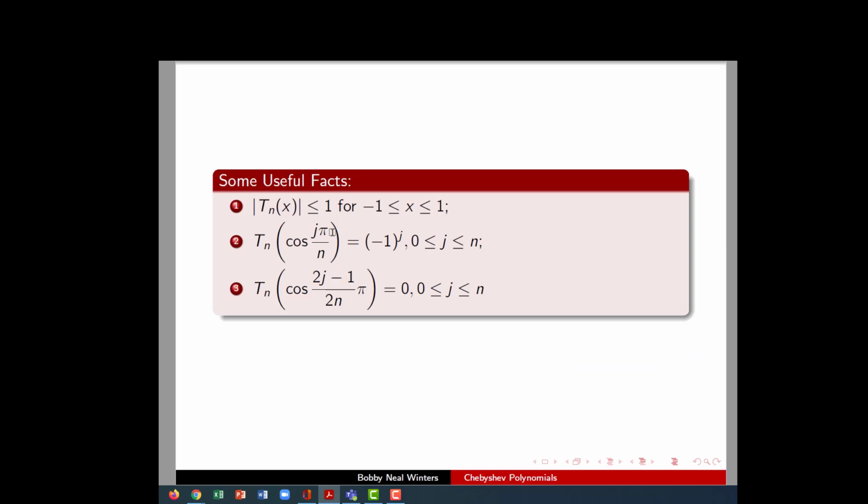So some useful facts that you can pick off from that formula: since between x equals -1 and 1, the Chebychev polynomial is just a cosine of something, its absolute value is less than or equal to 1. We can put cosine of j pi over n into our formula for the Chebychev polynomial, and it will spit out -1 to the j for us, right?